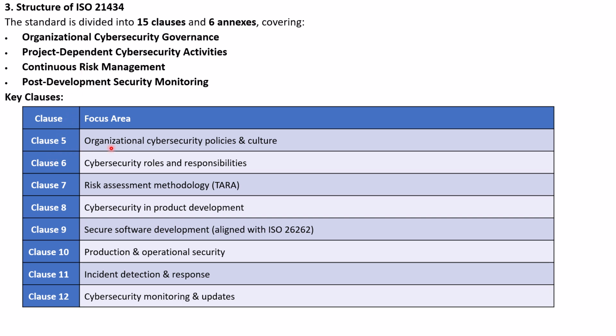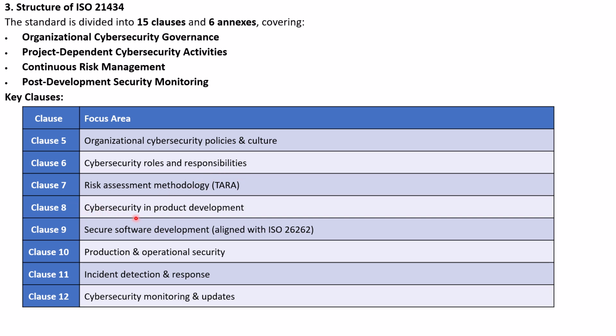Clause 5 focuses on organizational cyber security policies and culture. Clause 6 focuses on cyber security roles and responsibilities. And clause 7 is risk assessment methodology, TARA. I will be explaining this TARA in a separate video altogether, because this is the foundation or the most pivotal point of the entire cyber security.